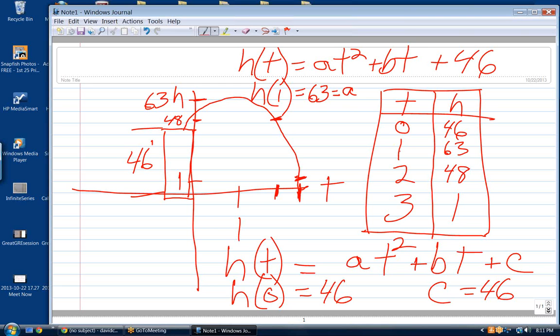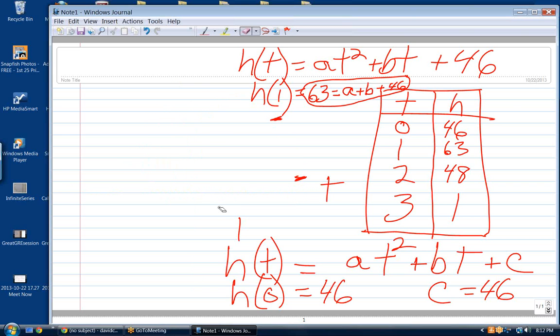No, remember you're plugging in 1 for t. Oh, this would be a times 1 squared plus b times 1. So there is one equation, right? Let me erase this picture because I want more room to write in.